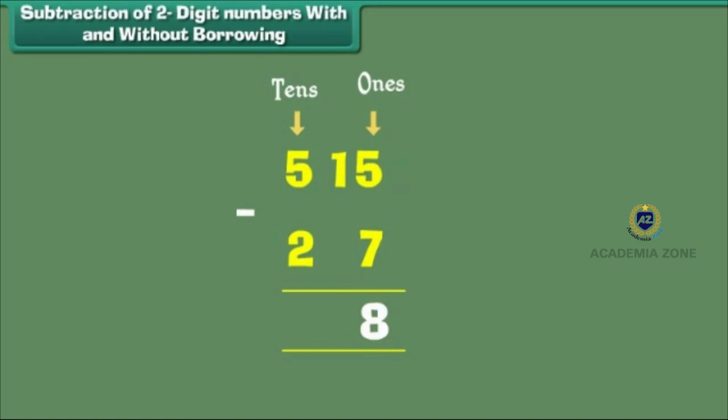Since the 6 at tens place lent 1 to the 5 at ones place, it becomes 5. 5 minus 2 is equal to 3. 65 minus 27 is equal to 38.